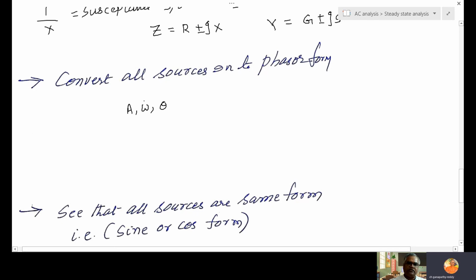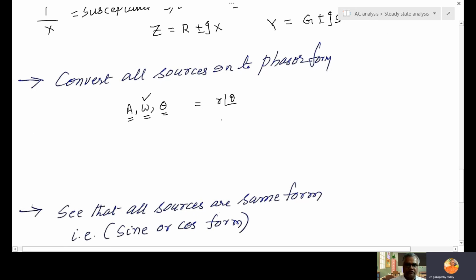Frequencies are the same, so they will have different amplitudes, different phases. So always express in the form of R angle theta. Source frequency is anyway the same, so temporarily we hide it, considering amplitude value and phase.